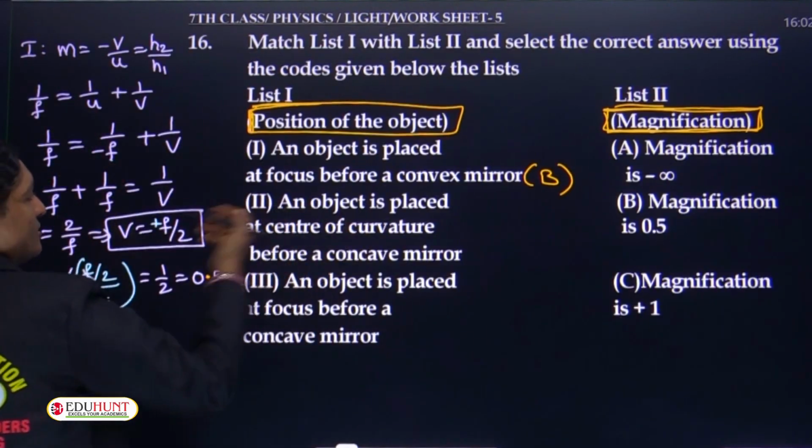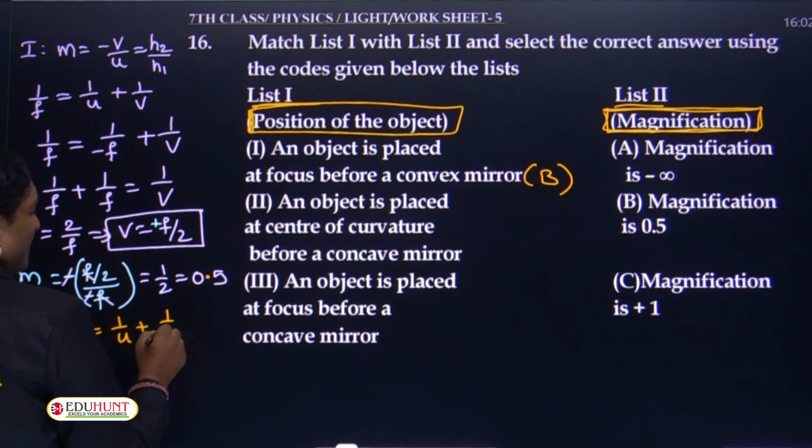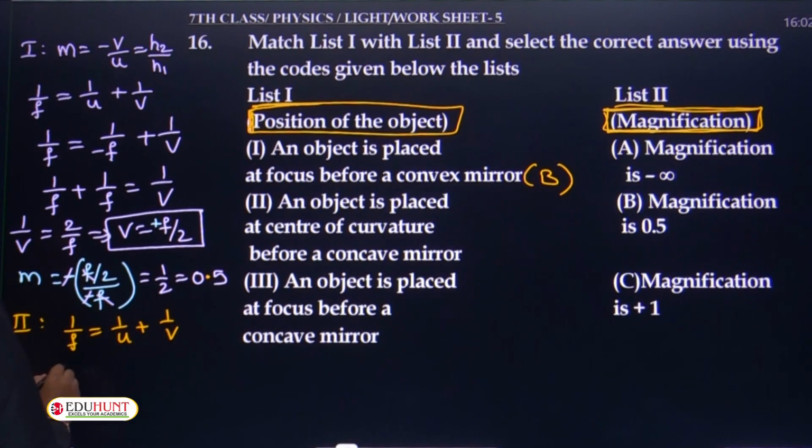Where is it kept? Center of curvature. What mirror? Concave mirror. What formula? 1 by f equals 1 by u plus 1 by v. For a concave mirror, the focal length will be minus f.